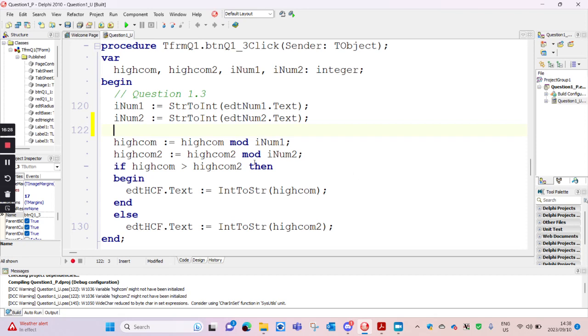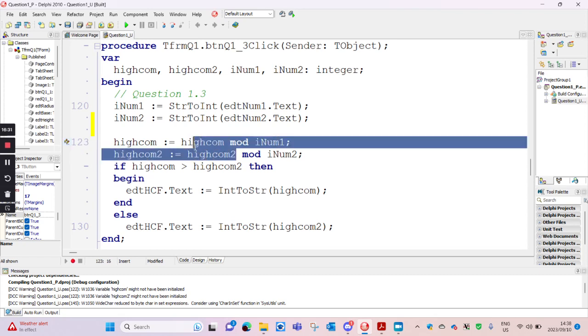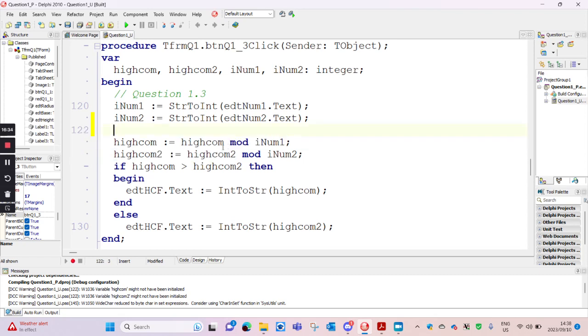Yes, exactly. ICOM and ICOM2 don't have starting values and you're using them. It can't be on the right hand side if you don't give it a value. So ICOM, because it was created here locally, will have like a random, big number in it. And then you're just using it.